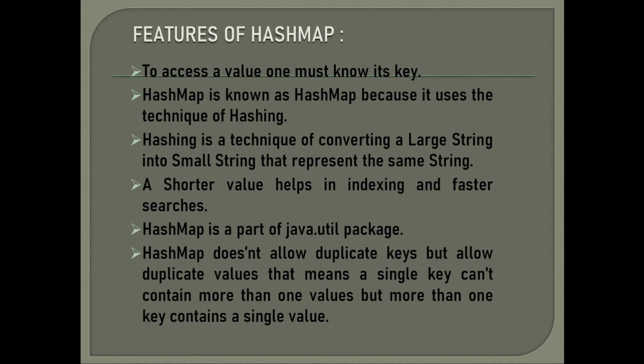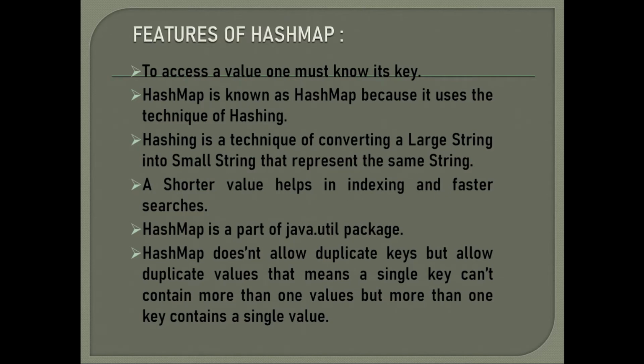Hashing converts that large string into a small string, and the meaning of the large string is similar to the meaning of the same string. A shorter value helps in indexing and faster searches. The reason behind the hashing technique is that if we use a shorter string, it can help us in indexing and making searches faster.